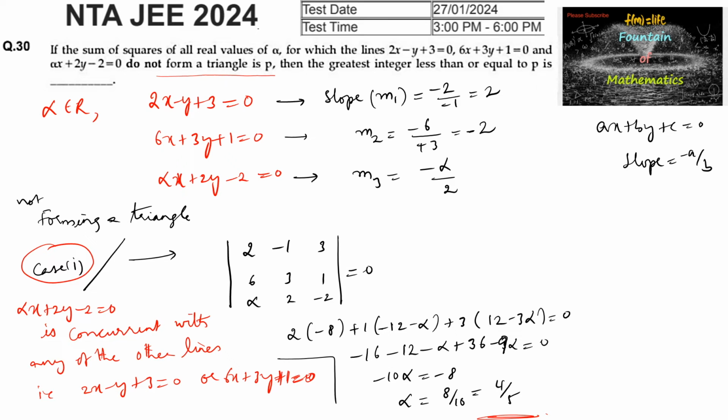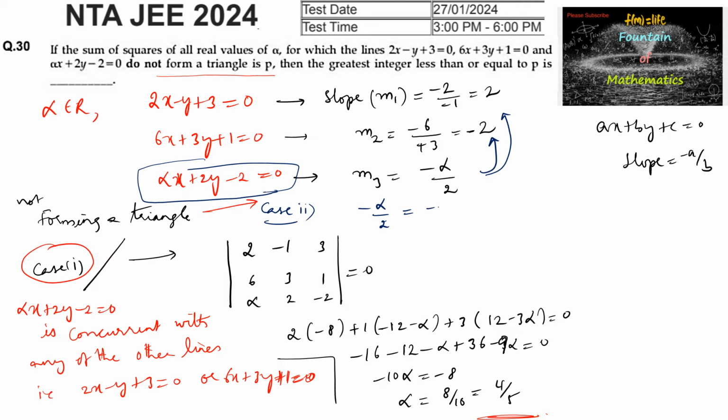And coming to the second case, case 2: the slope of this line alpha x plus 2y minus 2 is equal to 0 must be equal to either of the other two, meaning minus alpha upon 2 is equal to minus 2, or minus alpha upon 2 is equal to plus 2.